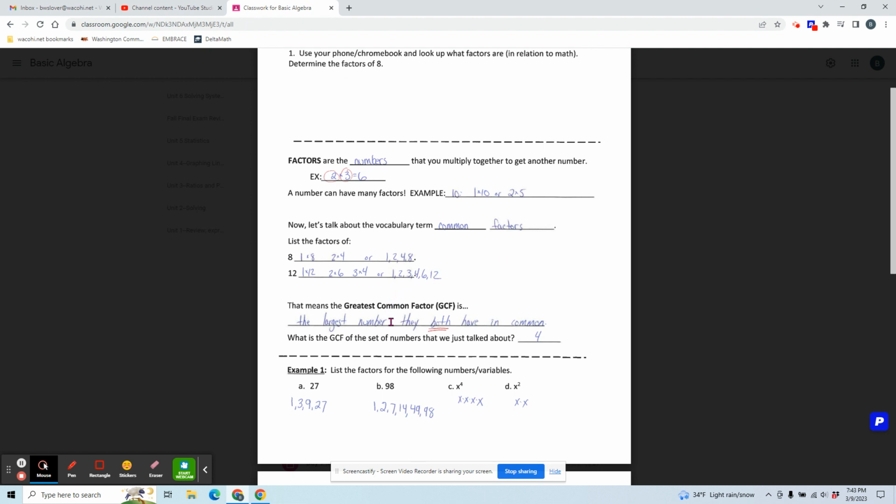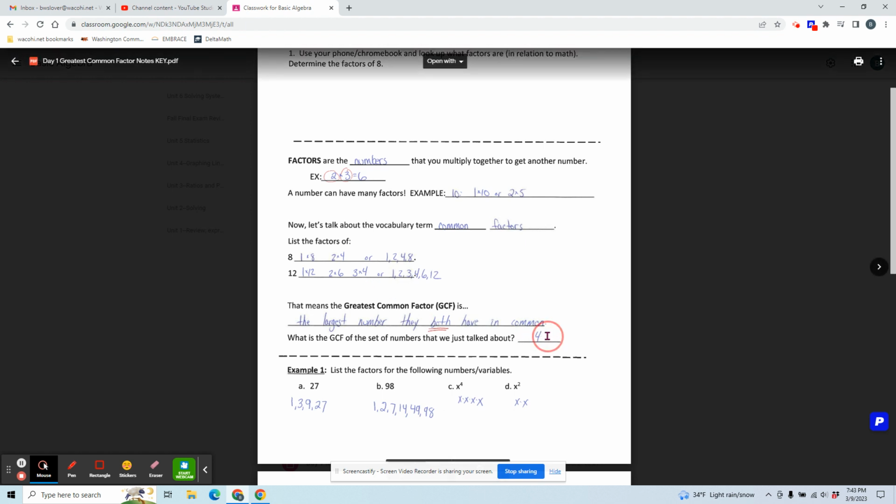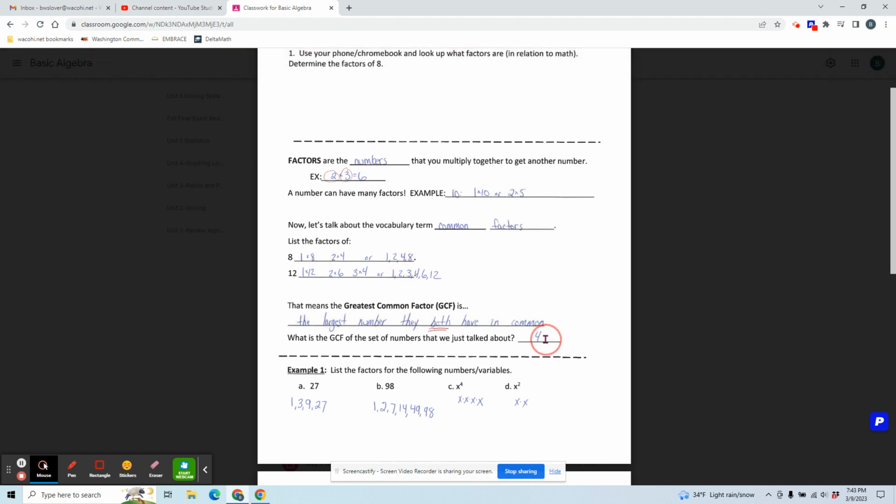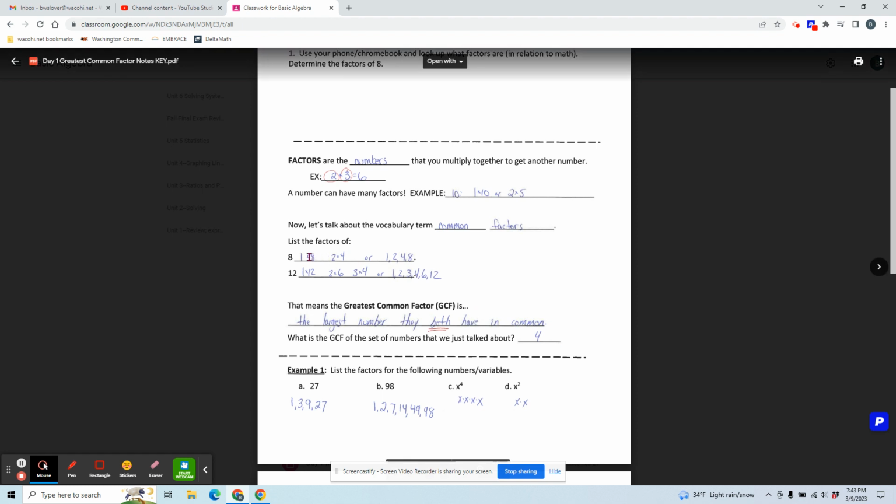So the largest number that they both have in common, well, 1, 2, and 4. Of those three numbers, which one is the largest? Well, that would be 4. So my GCF, my greatest common factor between 8 and 12, is 4.